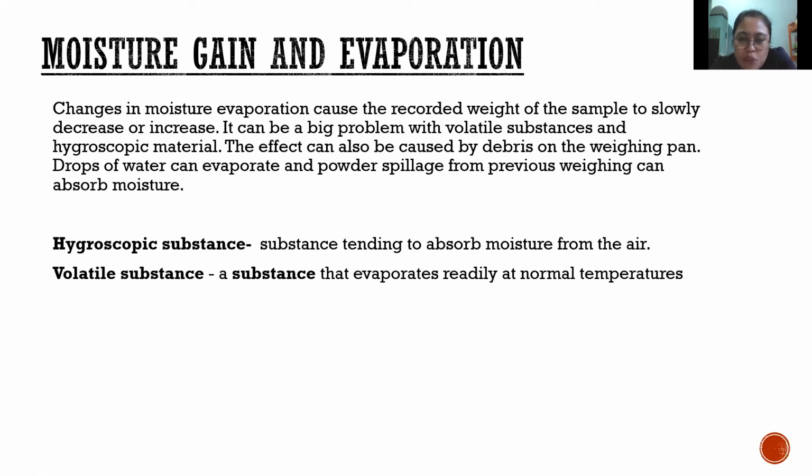Plus, sodium hydroxide is considered a hygroscopic substance. Pag sinabing hygroscopic, these are substances that absorb moisture sa air. Remember, class, ang Philippines is under zone 4 sa climate regions.